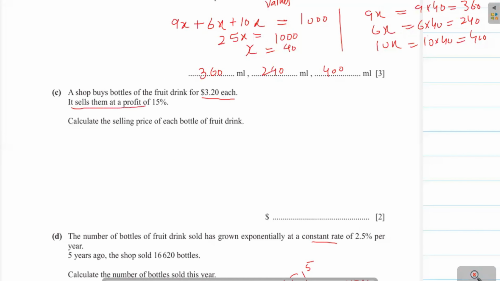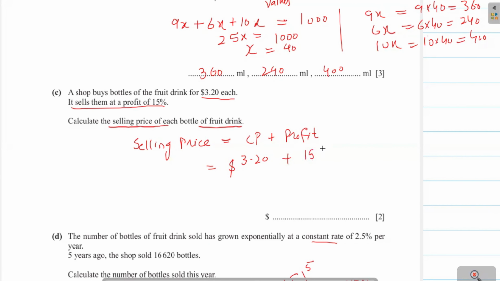In part C, a shop buys bottles of fruit drink at $3.20 each. It sells them at a profit of 15%. Calculate the selling price of each bottle of fruit drink. The selling price will be equal to the cost price, $3.20, plus the profit, which is 15% of the cost price.